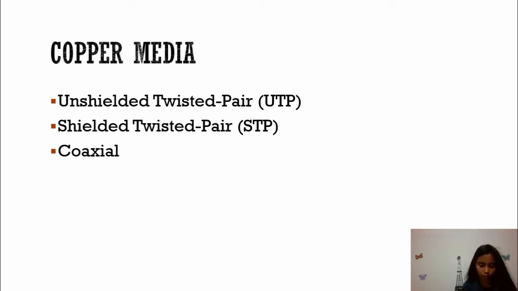For the next one, we have the shielded twisted pair, or STP. It provides better noise protection than UTP cabling.